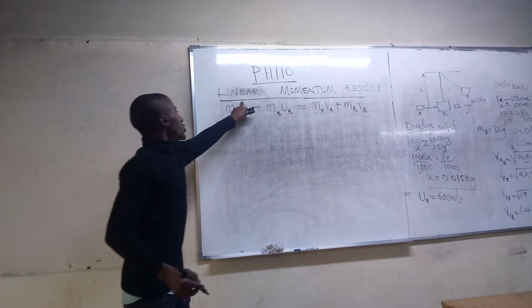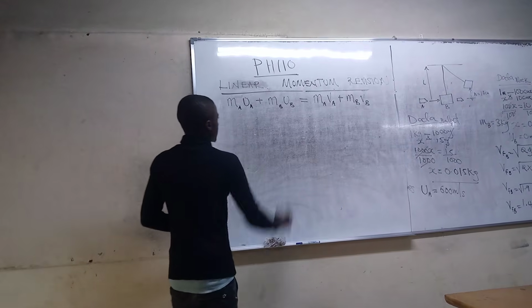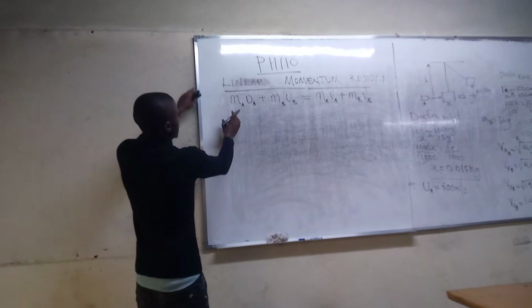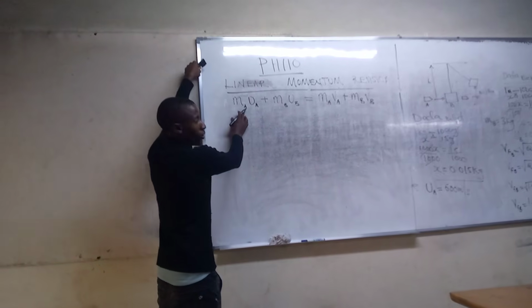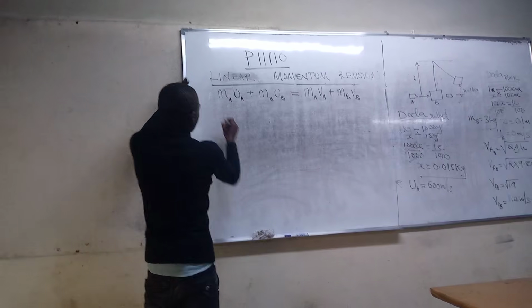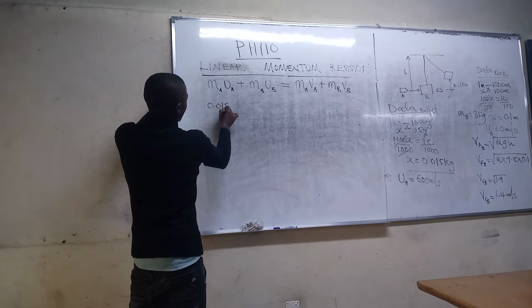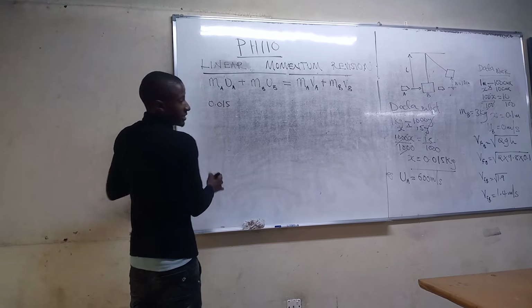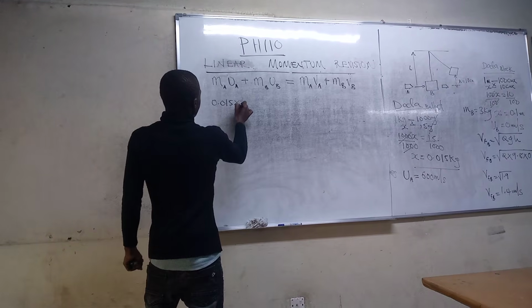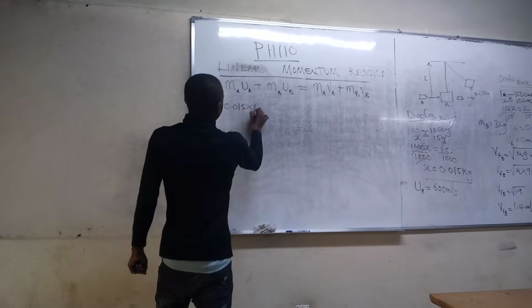So from there, since you have collected your data, you can just replace everything there. What is the mass of the bullet or object A? The one that you converted, that is 0.015. Does it make any sense? Times the initial velocity, which was 600.